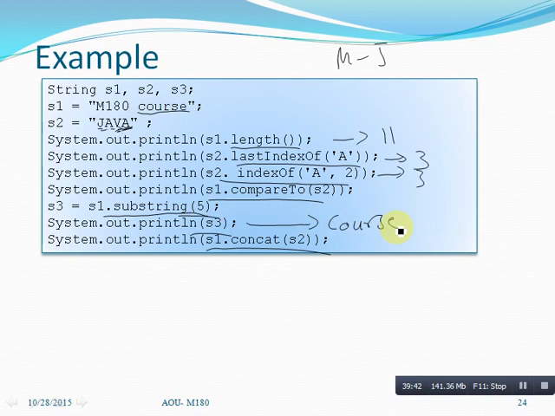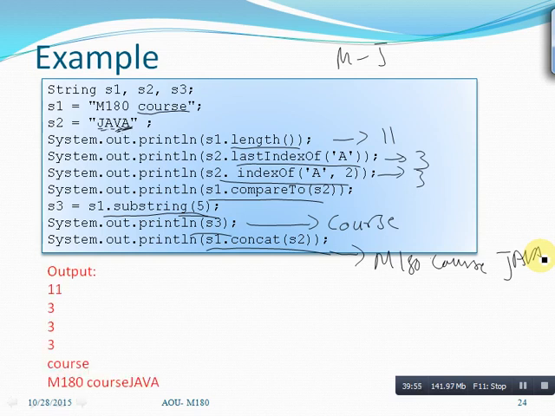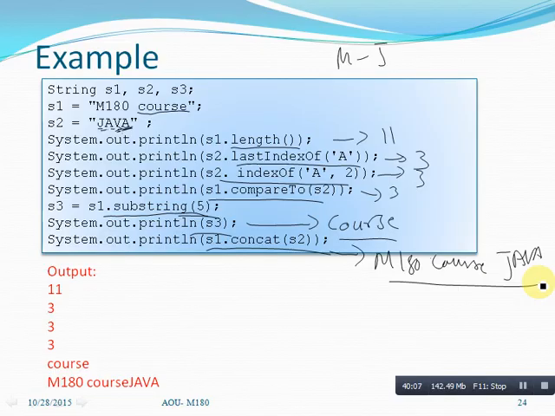Then S1 concat with S2 gives "M180 course Java". This is the output: 11, 3, 3, the comparison M minus J, the result "course", and "M180 course Java". So this is what we had in this section on text processing.